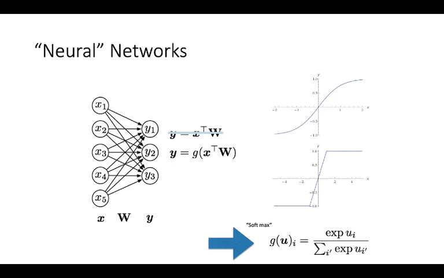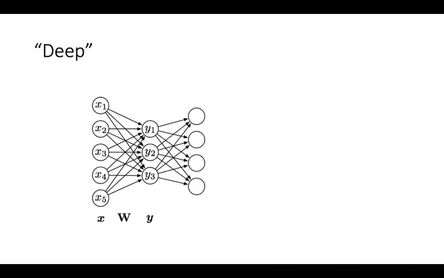And we can have multiple layers. For example, have another weight matrix here. We multiply y by V, and then take the activation function g, and then we get another latent variable z here.